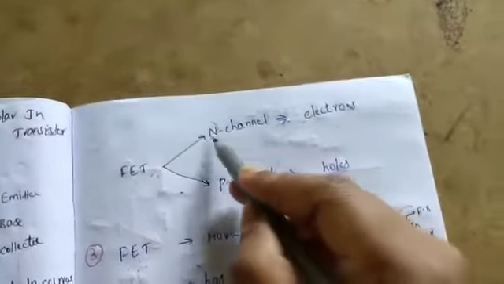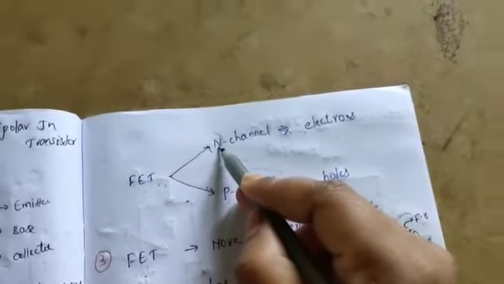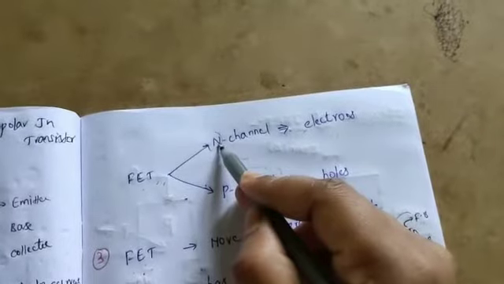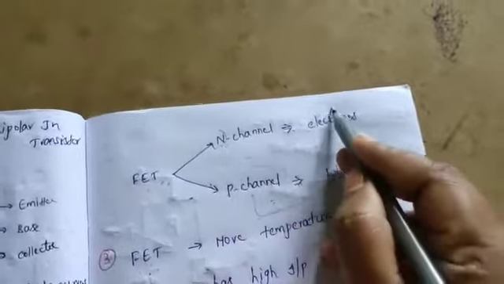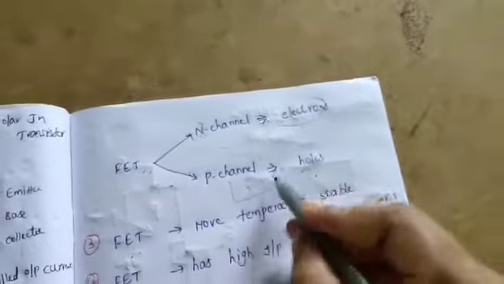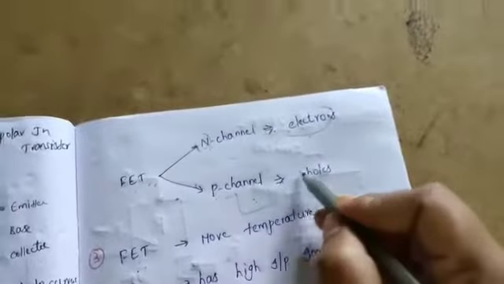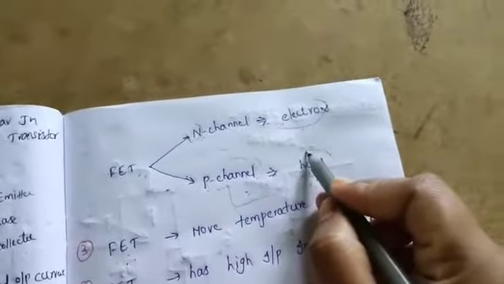Here in the N channel the channel is N type, so the charge carriers are electrons. In an N channel FET, the current is carried by electrons only. In a similar way, in a P channel FET, the current is carried by holes only.